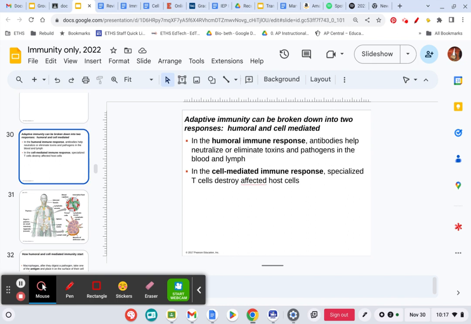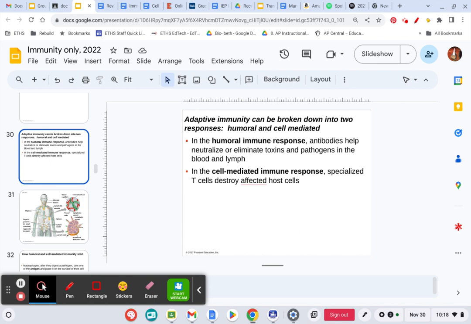In adaptive immunity, there are two types of responses that occur. There's what's called humoral immune response, and there's what's called cell-mediated immune response. The humoral is going to be taken care of by the bloodstream and the lymphatic tissue.